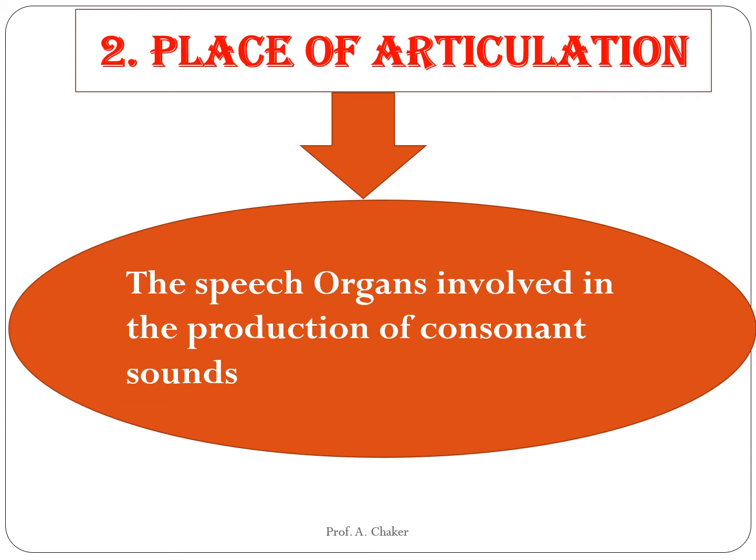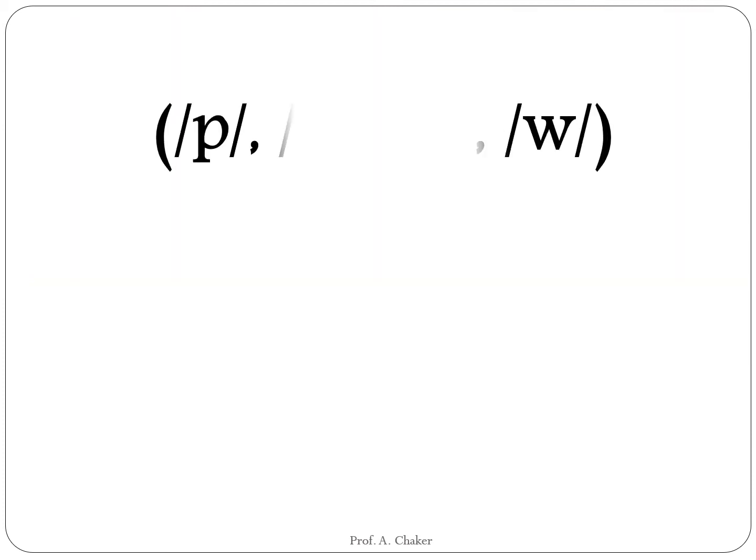From that, we can know its place of articulation. Take some examples. 4 sounds: p, b, m, w. Try to produce the sounds and think about the organs that are involved in their production.